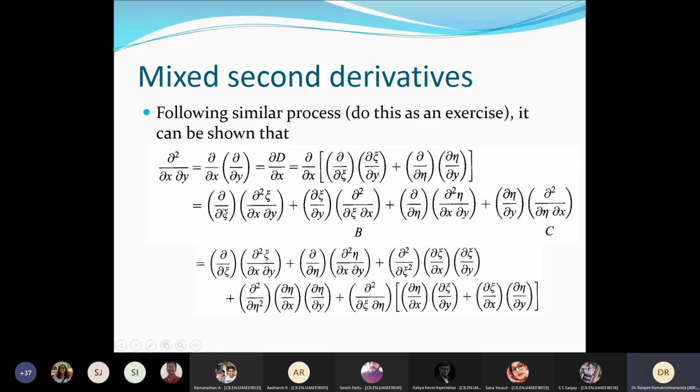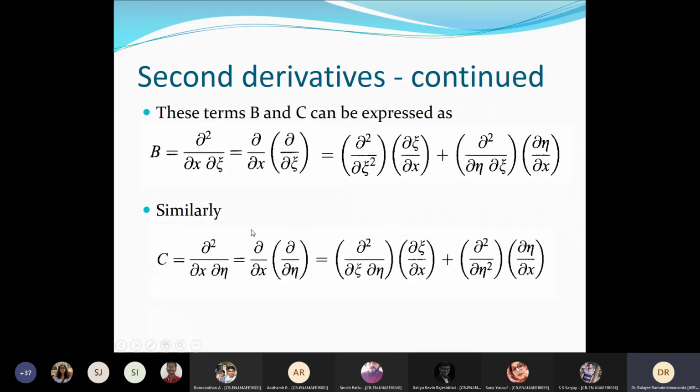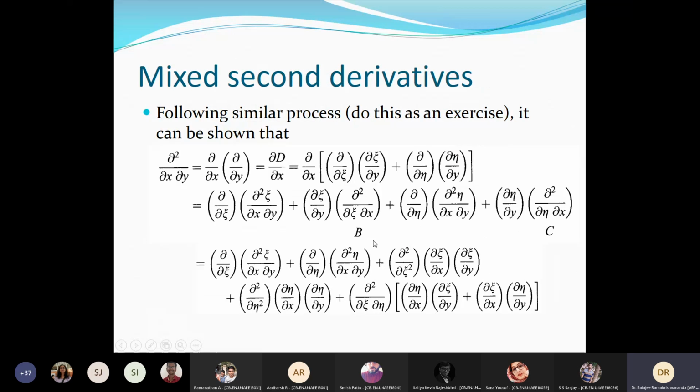So a similar procedure you follow. You'll again get this b and c, same thing. You substitute the same b and c here. You get this expression for mixed derivatives if you want. Any doubts in this so far?